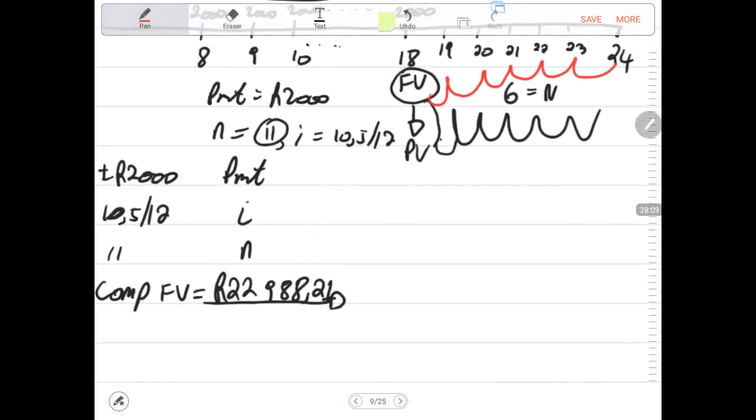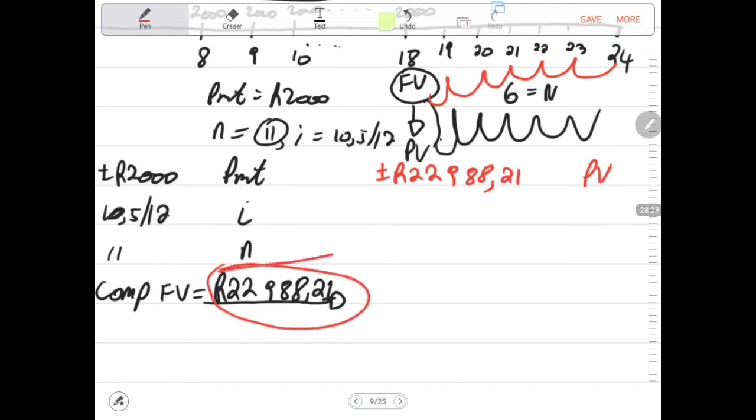So we say plus minus 22,988 rands 21 cents is the present value, because we need to know how much this will be at the end of month 24, not what it is now at the end of month 18. We're focusing on the focal date.